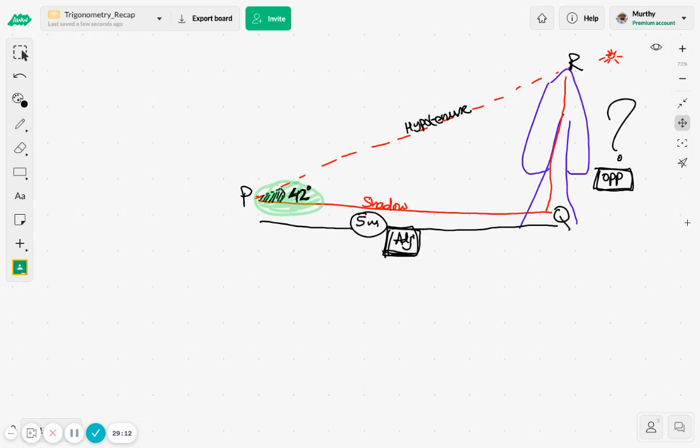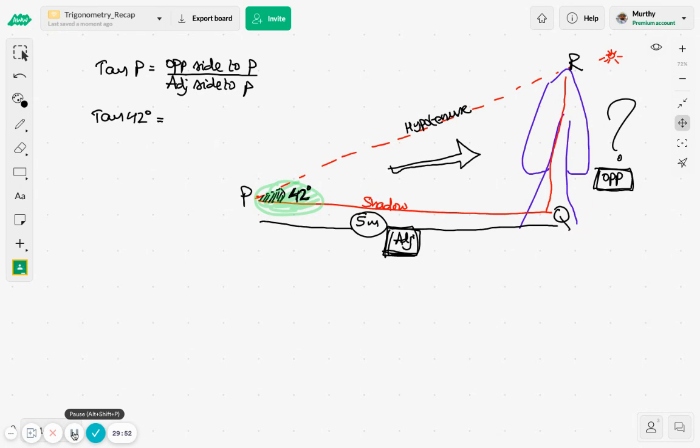Therefore, let me take tan. Tan P equals the opposite side to P over the adjacent side to P. Here the angle is 42 degrees, and the opposite side to P I don't know, so let it be X. The adjacent side is 5 meters.